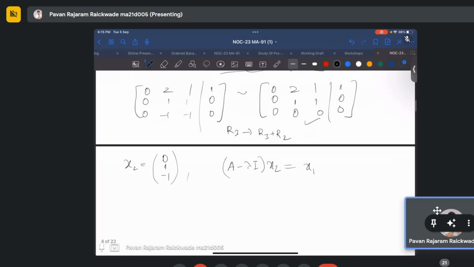What happens? I'll go in the reverse direction now. What if I apply A minus lambda I again on this guy?